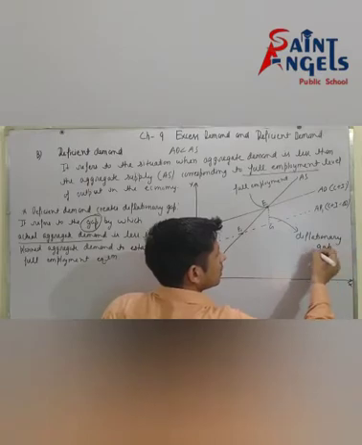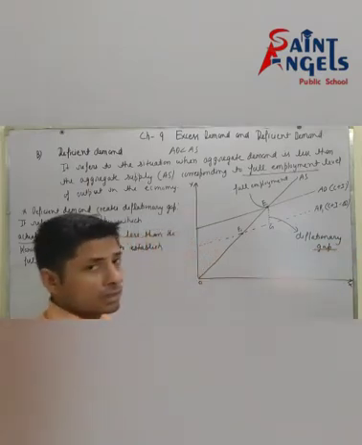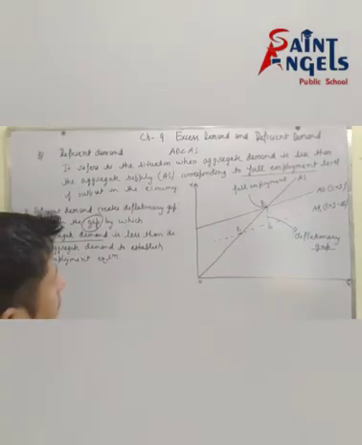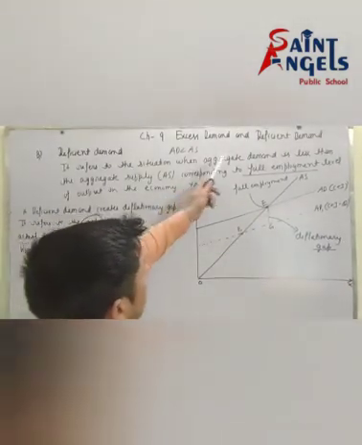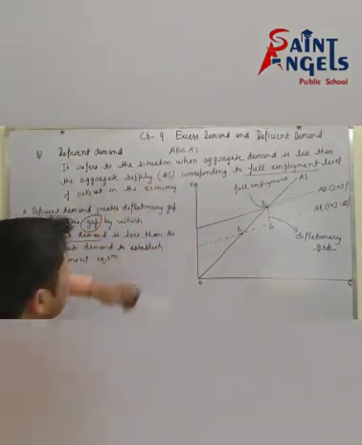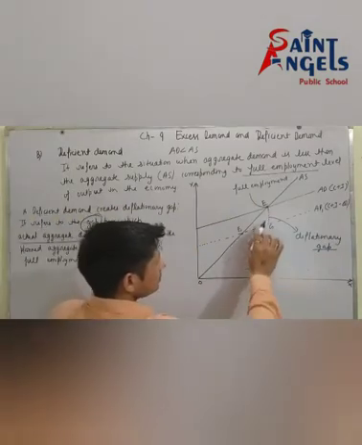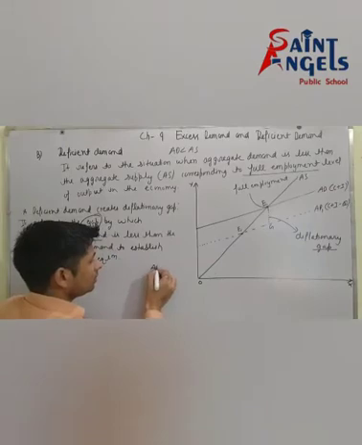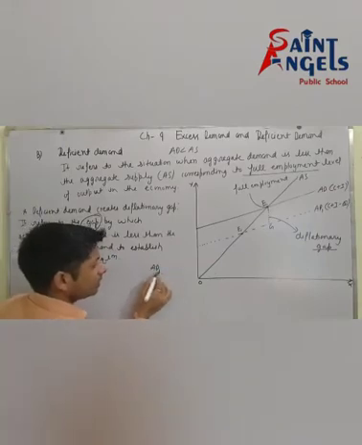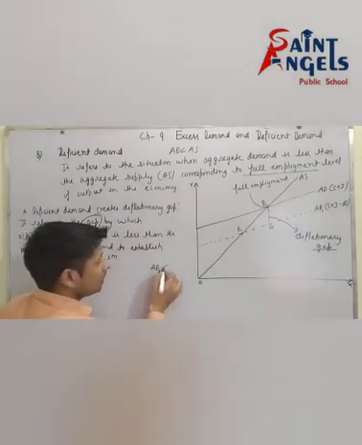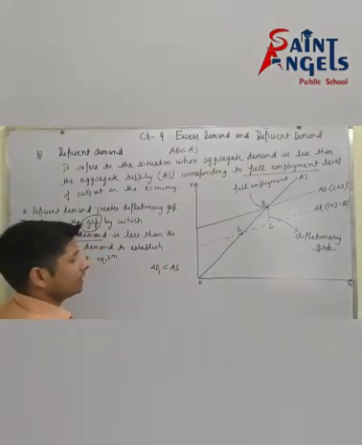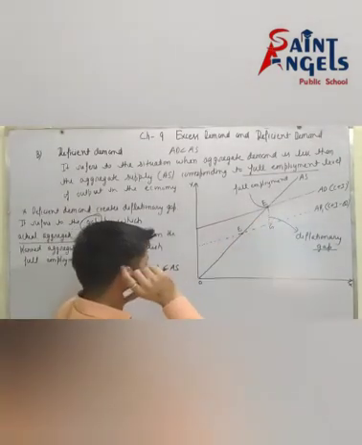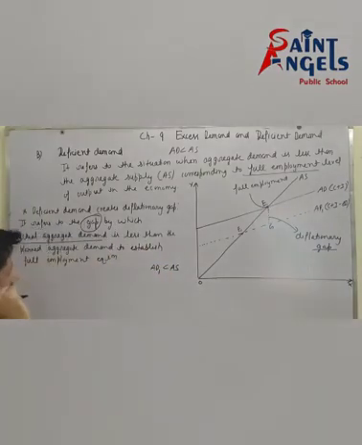And you know that when aggregate demand is less than aggregate supply, according to this diagram, this aggregate demand is less than aggregate supply. So I hope all of you have understood.